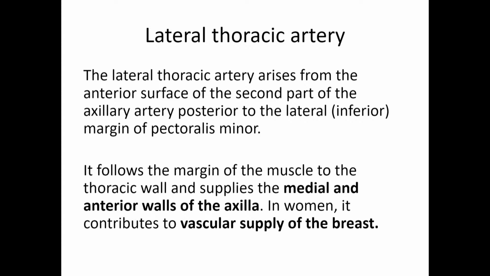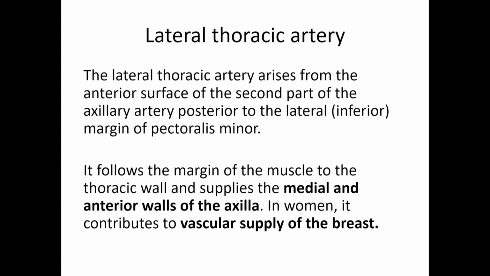Now let's continue with our lateral thoracic artery. Again, it arises from the second part of the axillary artery on its anterior surface, and posterior to the lateral margin of the pectoralis minor.